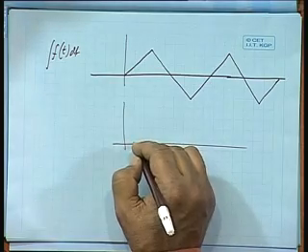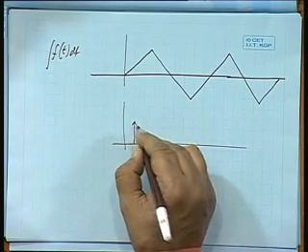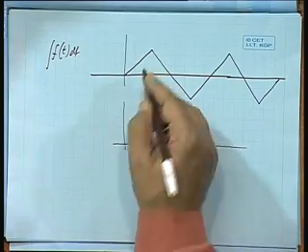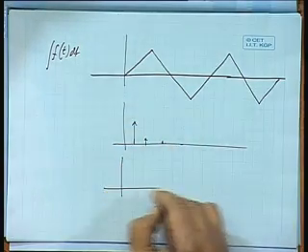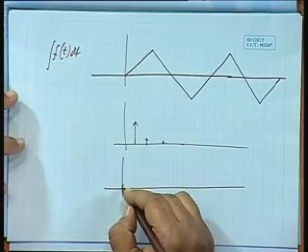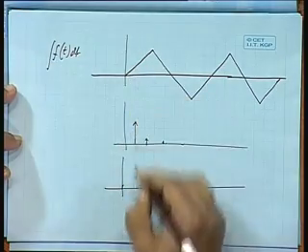So, as n increases, the magnitude of this coefficient will be decreasing. So, coefficients for this will be decreasing very fast. Okay.